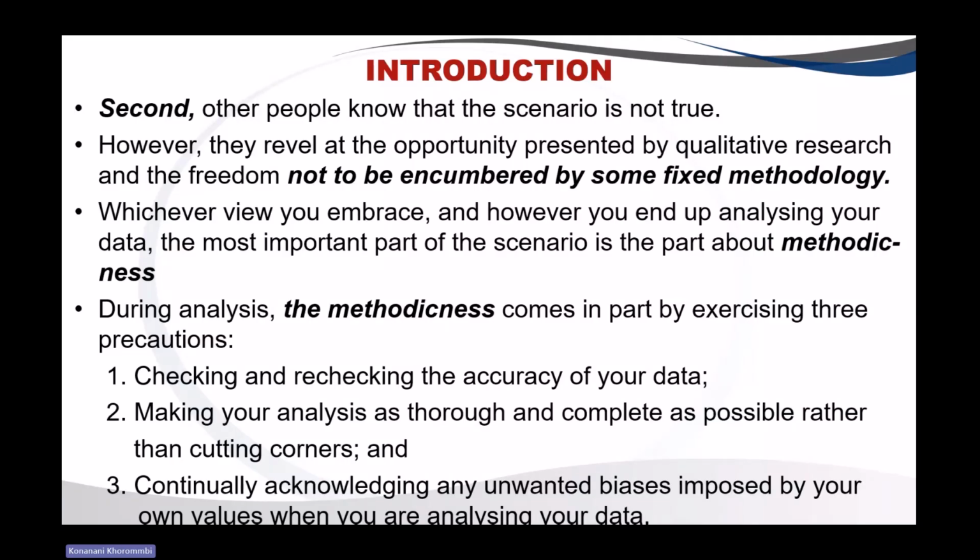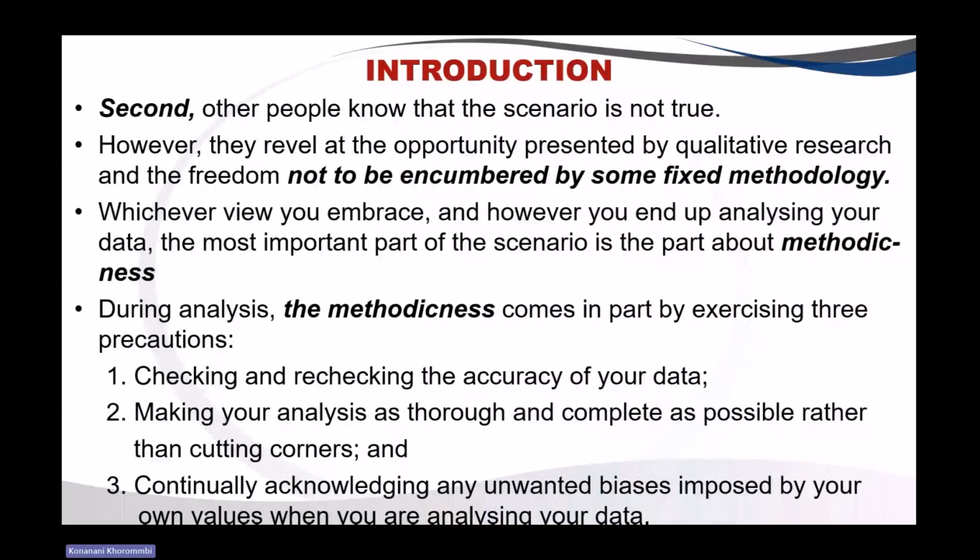So if we continue to observe the three recommendations and continually acknowledge any unwanted biases, then we will be able to analyze our data methodically, because this is the requirement for methodicness in terms of Yin.